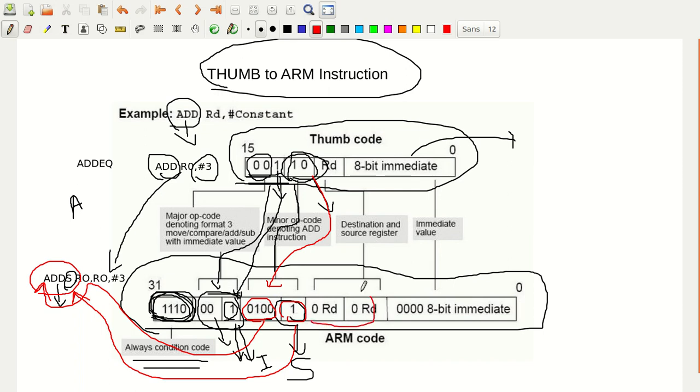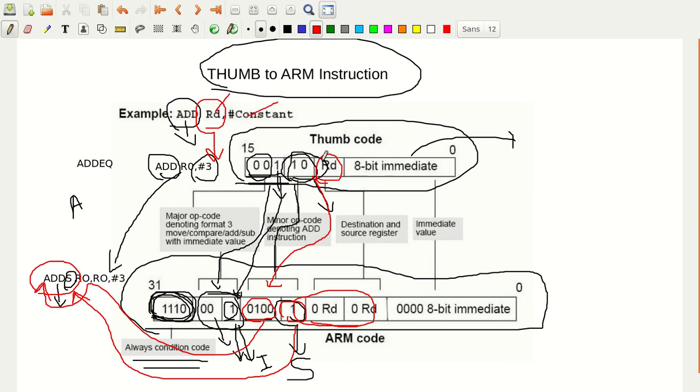Now if you observe these two, I think we just did that one. So this is RD that you have. Whenever it sees RD here, of course, there is only one register, only 2 fields here: one destination register and one immediate value.